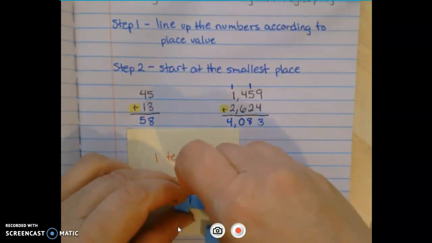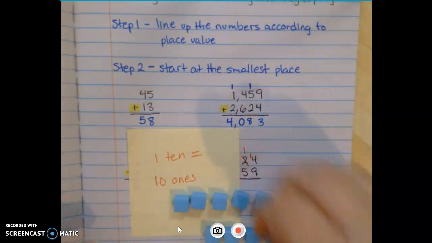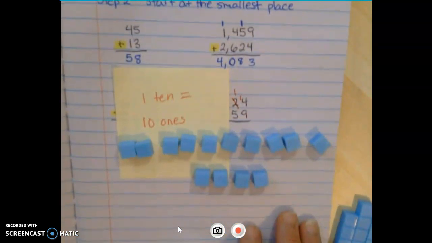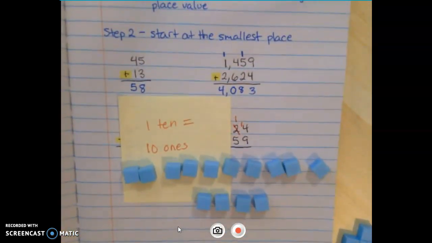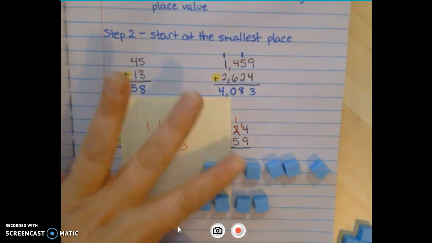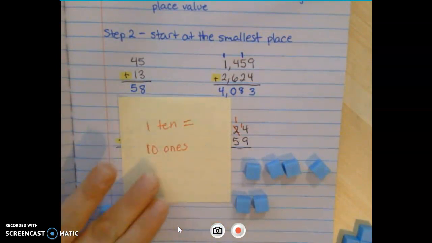My neighbor gave me 10: 5, 6, 7, 8, 9, 10. Okay. Well, as you can see, now I have enough to take 9 away. So let's do that. 2, 4, 6, 8, 9.